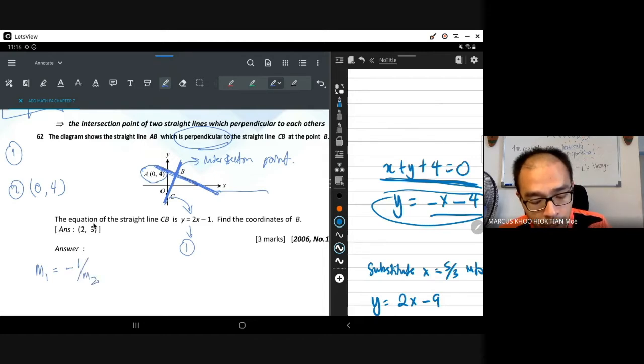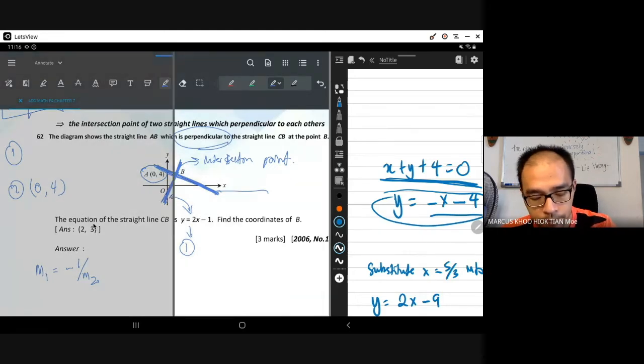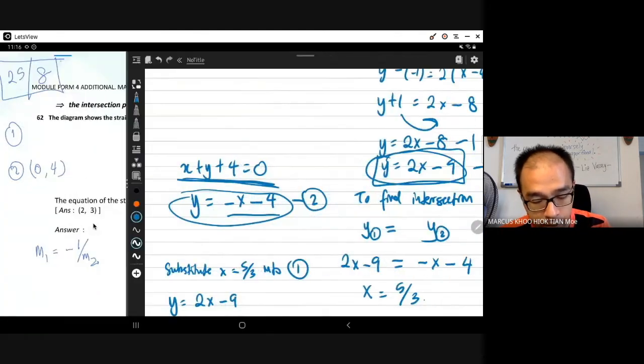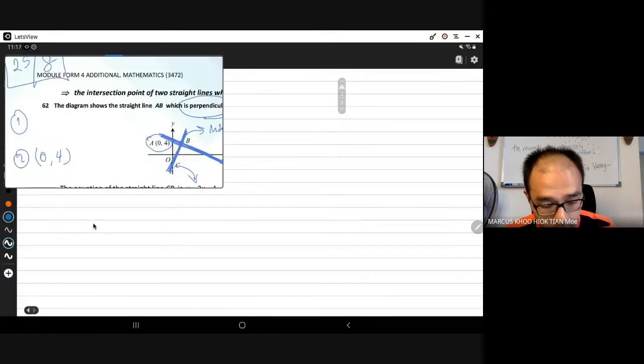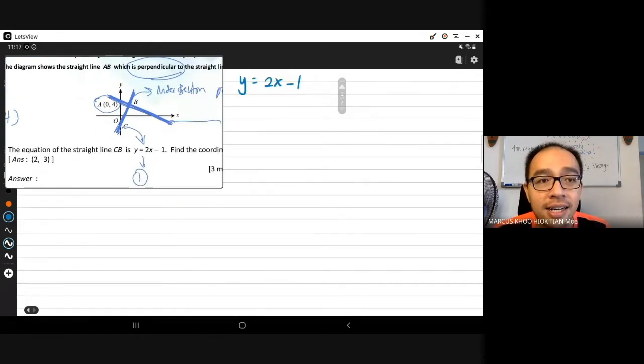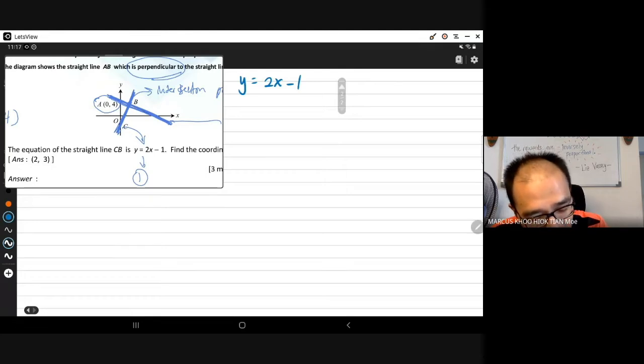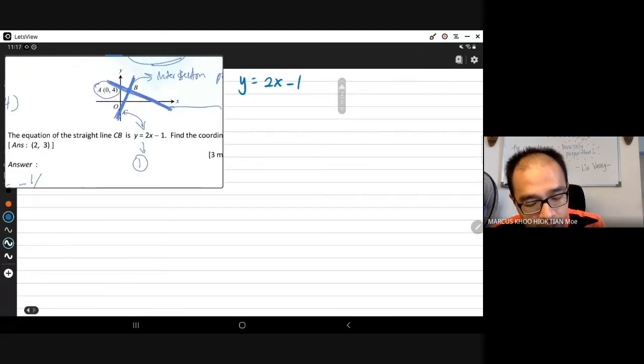We want to find this gradient, but we know the other gradient, so that's very good news for us. The gradient for CB is 2, from this equation.